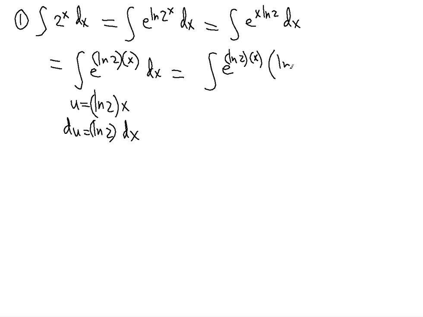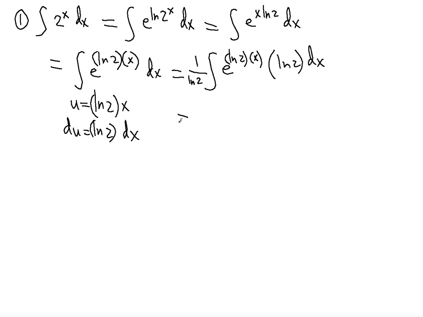So we're going to have ln 2 times dx. Now notice that ln 2 didn't exist there before. That's a constant, so we need to divide this integrand by ln 2 in order to eliminate it, right? To eliminate this ln 2 in the integrand.